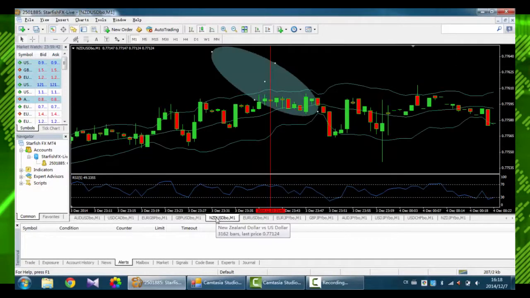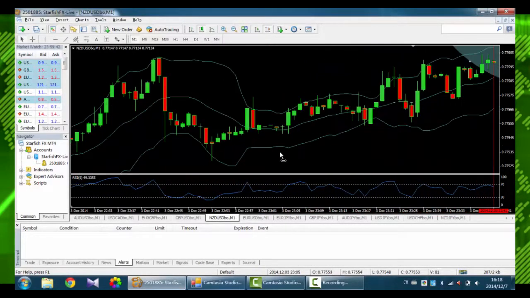Let's see this hammer here actually. Okay, let's see a hammer here. Nice hammer here, sticking upwards.